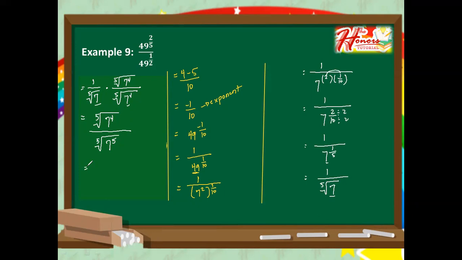And then after that, since the exponent and the index are the same, we can just cancel this out. So we have here fifth root of 7 raised to 4 over 7. And then we are not yet done with this. We still need to simplify.